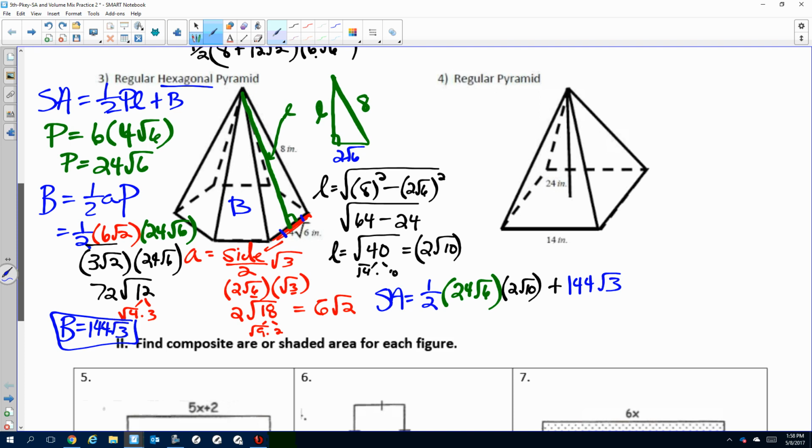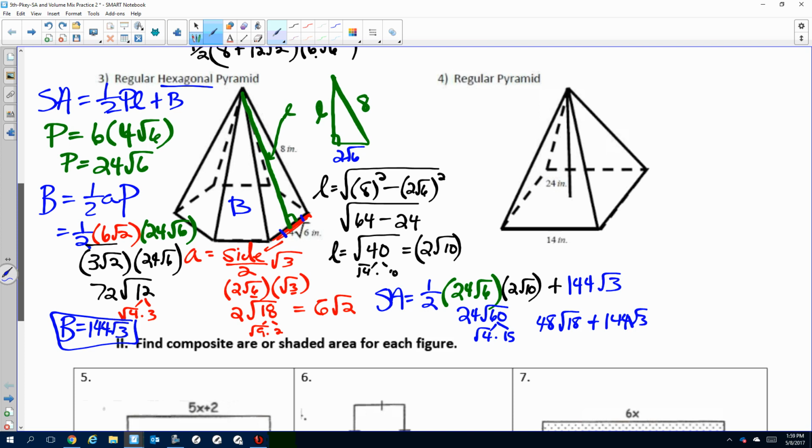Half of 24 is 12, but then I end up doubling it again, so really the 2's get canceled out, and you have 24 root 60, and that can be broken down to 4 and 15, and 4 is a perfect square, so it goes to that 24. So really my final answer is 48 root 15 plus 144 root 3.